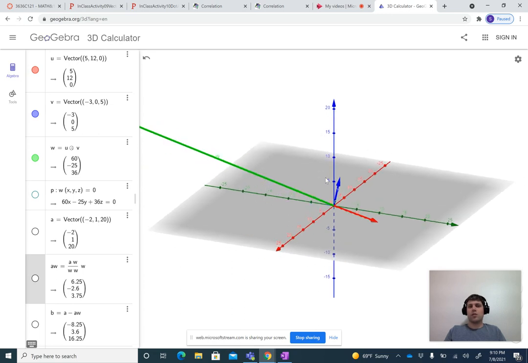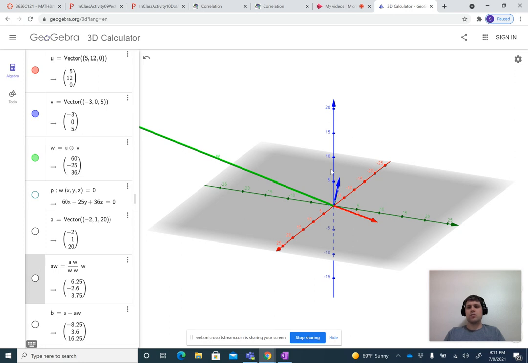Then we know that any point on the plane containing the vectors u and v must be connected to the vector xyz. Whatever point it's on that plane, it must have some x, y, and z coordinates. So if you take those coordinates and take the dot product with this green vector, you should get 0, because when you take the dot product of two vectors with an angle of 90 degrees, the cosine of that will be 0, and so we get a 0 as the dot product.